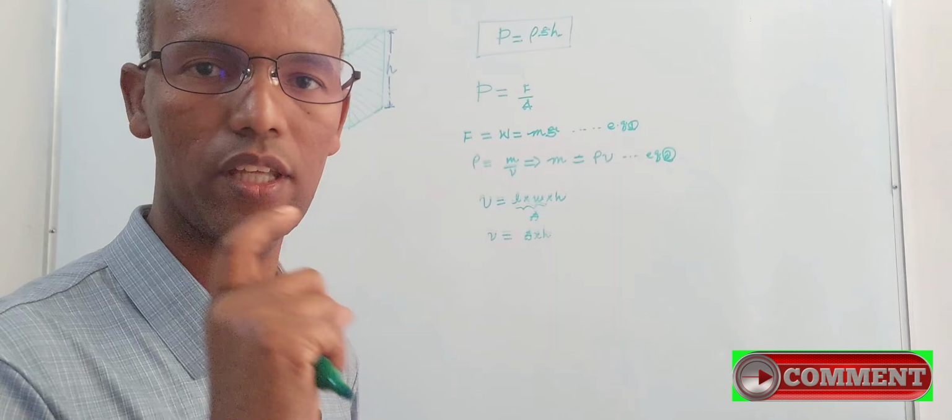Now, the liquid in this pool is static. So in that case, the force you applied is a kind of normal force, which is basically equal to the weight. So what I'm trying to say is F is equal to the weight.